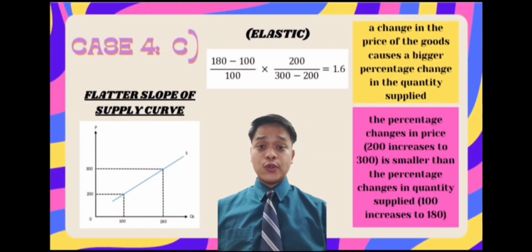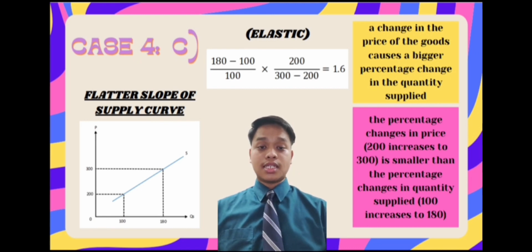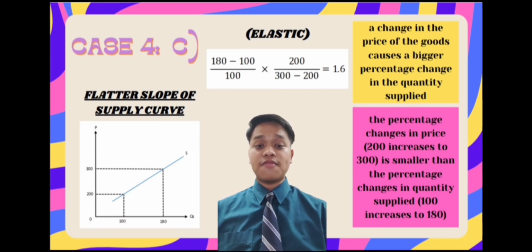Finally, I will tell you the answer for C. The equation for C is (180 minus 100) divided by 100 times 200 divided by (300 minus 200) equals to 1.6. So the degree of responsiveness in price elasticity of supply for C is elastic because the elasticity of supply is 1.6.